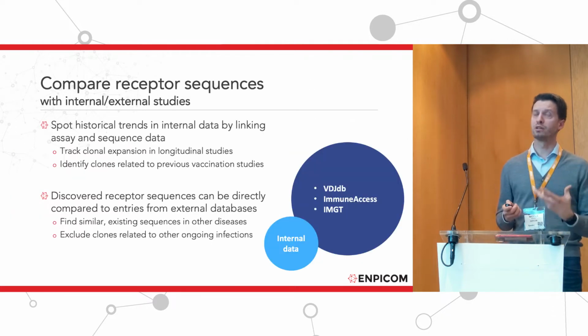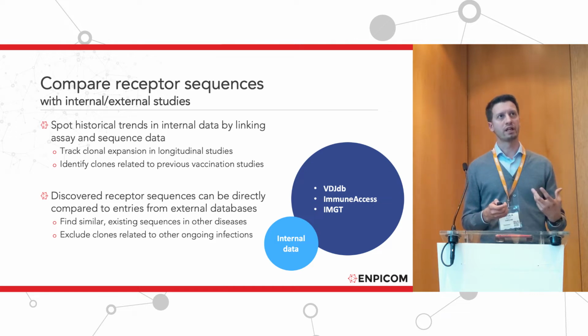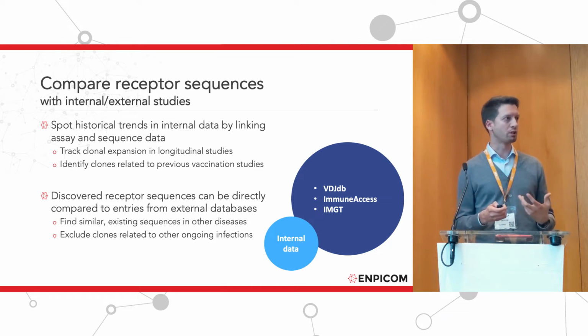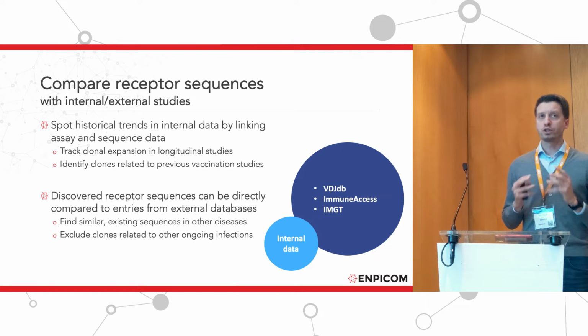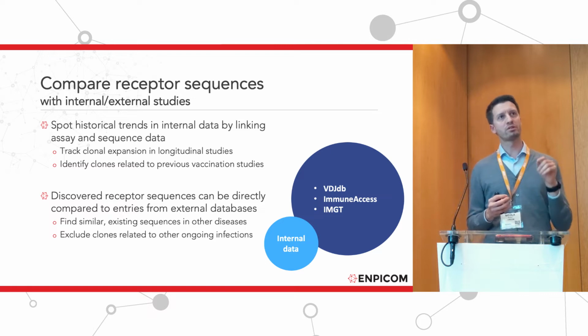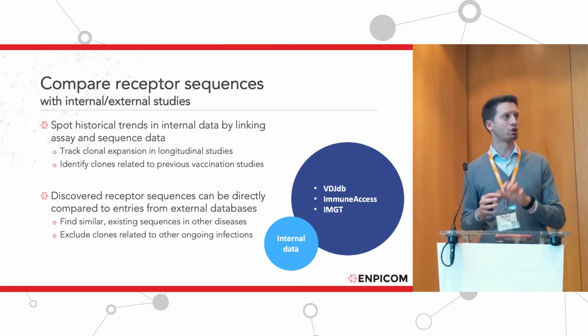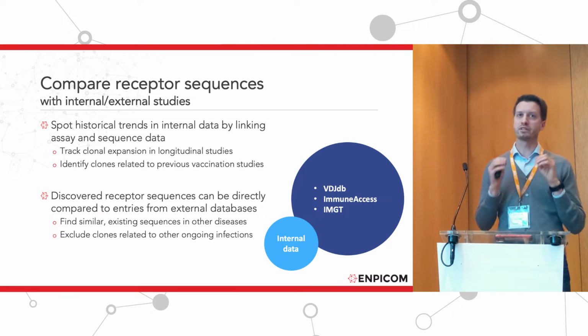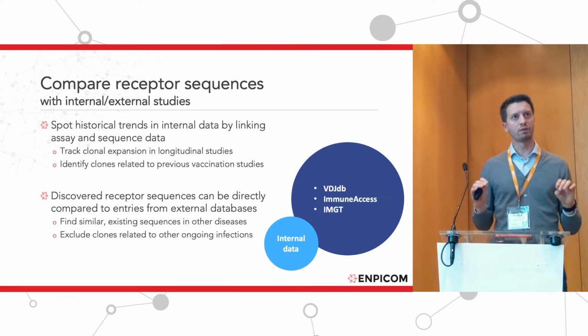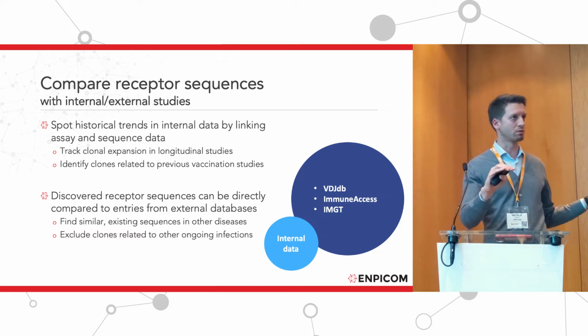Which kind of analysis can you perform and which kind of insights can you have if you have this kind of data available? First of all, since we provide sequence level information, you can compare receptor sequences, both in your internal study as well as with external studies. If you compare the receptor sequences internally, you can, for instance, track clones in longitudinal studies.